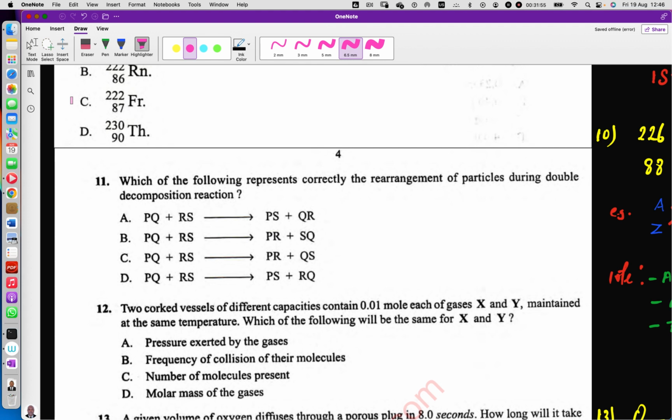Fellow learners, it should be recalled that another word for double decomposition is double replacement.